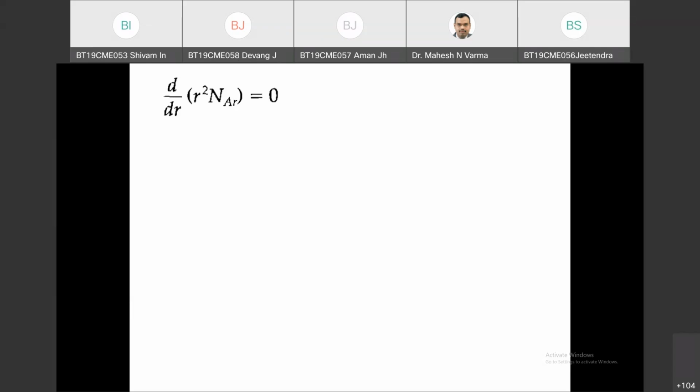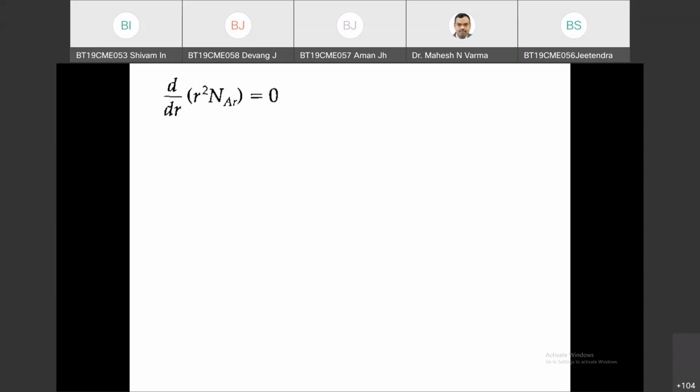So d by dr of r squared N_Ar, the flux of A in the r direction, equals 0. Is anybody getting this equation? Anybody not getting this equation?